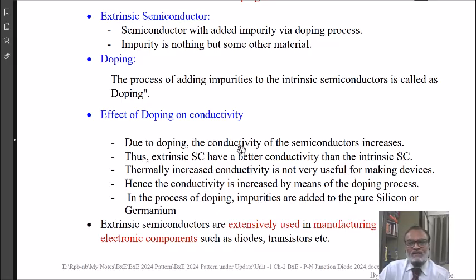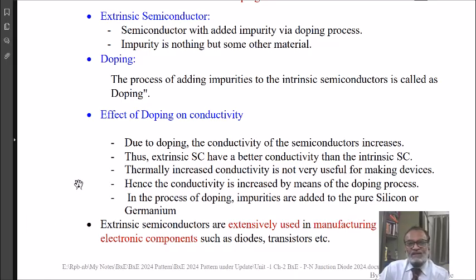Due to doping, the conductivity of the semiconductor increases. Thus, in the extrinsic semiconductor, better conductivity results than in the intrinsic semiconductor. Thermally increased conductivity is not very useful for making the devices.